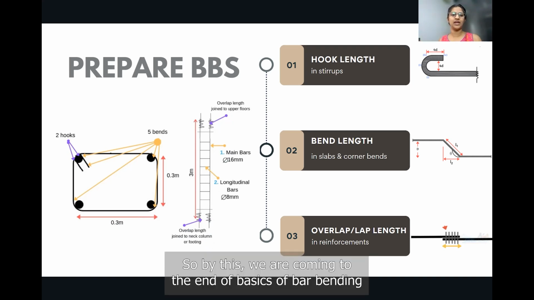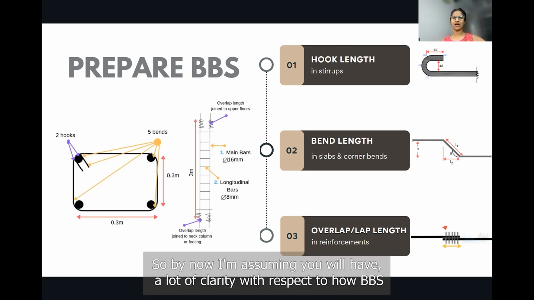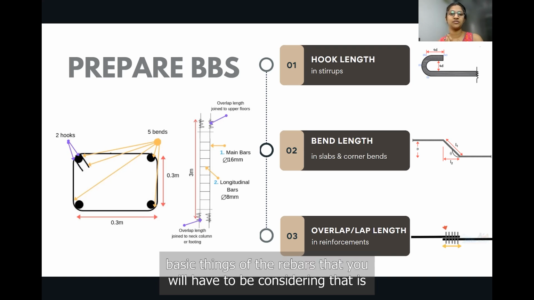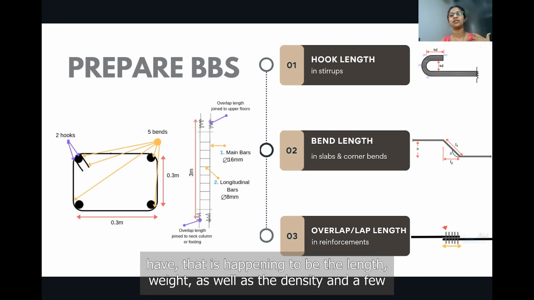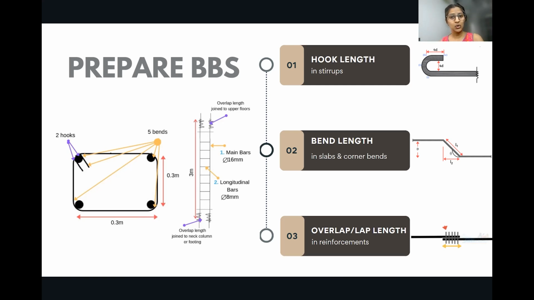So by this, we are coming to the end of the basics of the bar bending schedule. By now, I am assuming you have a lot of clarity with respect to how BBS started, what exactly a bar bending schedule is, and the basic things about rebars that you have to consider, that is the length, weight, as well as the density, and a few technical terms regarding what a hook length, a bend length, and these overlap lengths are.